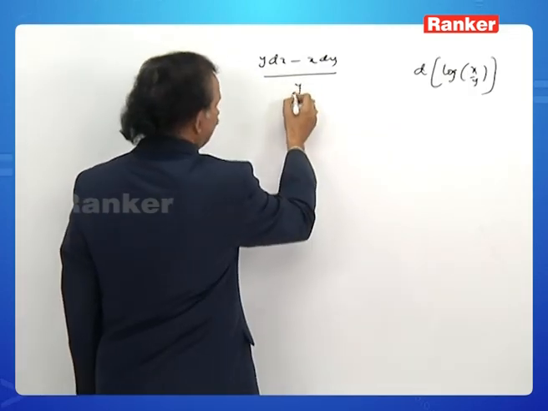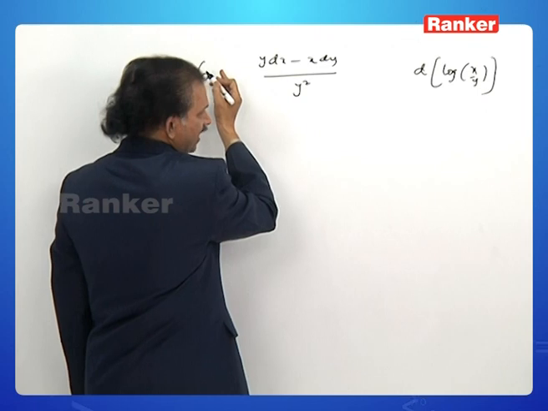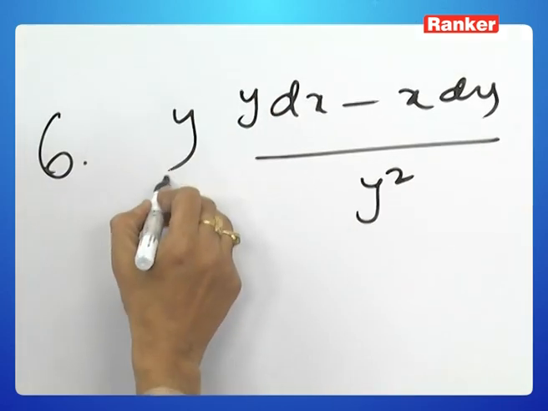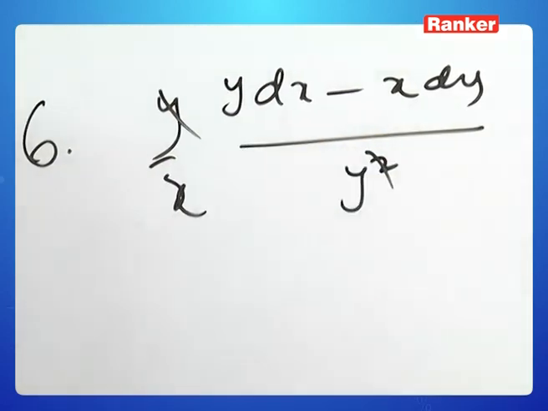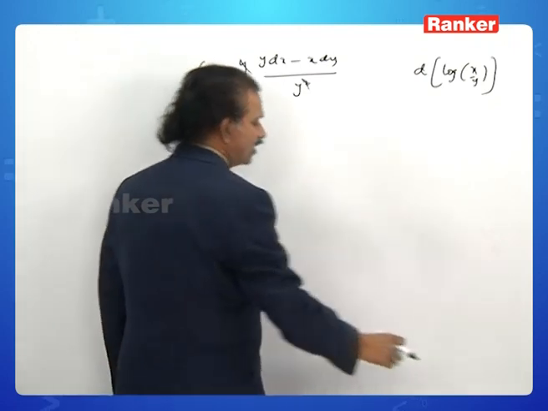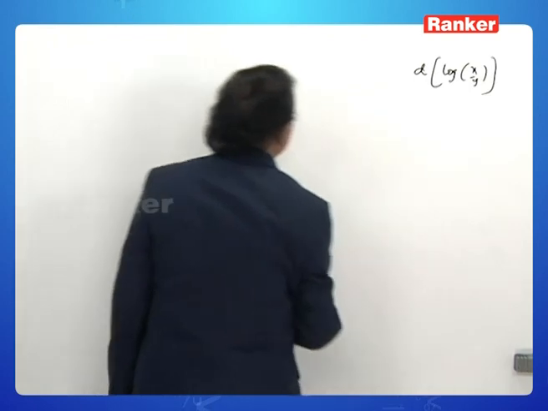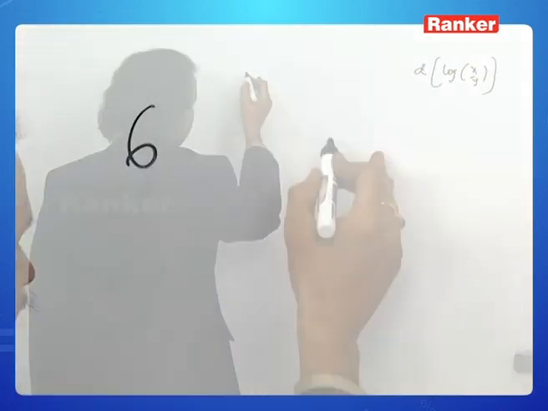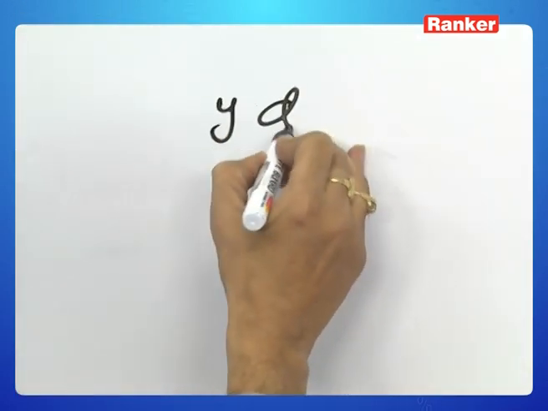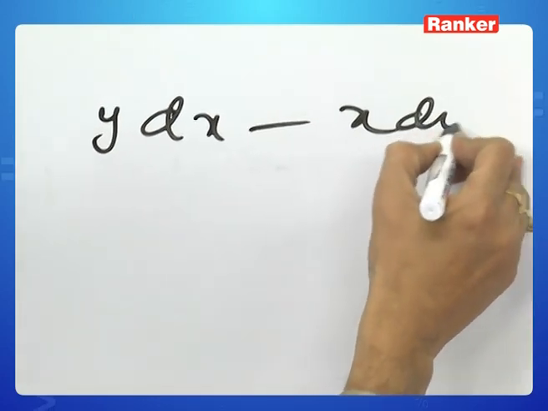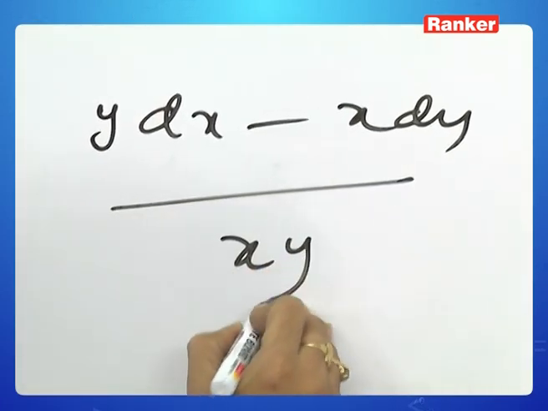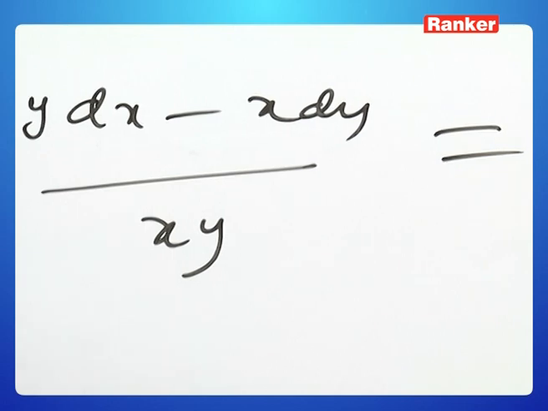Previously y by x is there, so one y will be cancelled, isn't it? So the actual formula for that is y dx minus x dy by xy is d of log x by y.